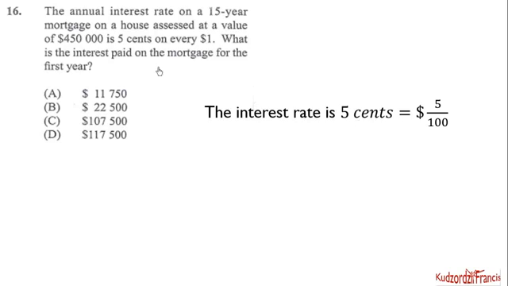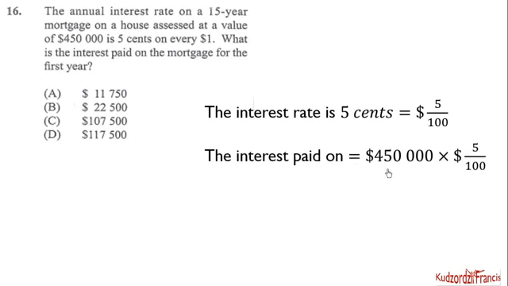So if every dollar you're supposed to pay 5 cents, then the interest paid on $450,000, we just have to multiply the rate, which is 5 out of 100, by the mortgage amount. So we can simplify this. 100 goes here, 4,500 times 5, that will give us 22,500. So the correct answer is 22,500.